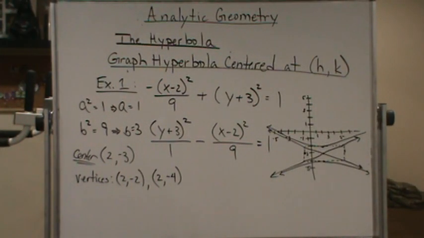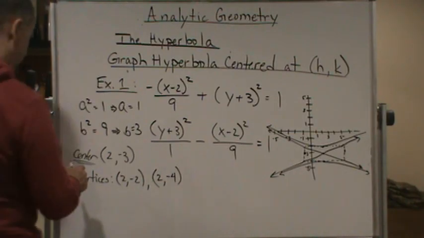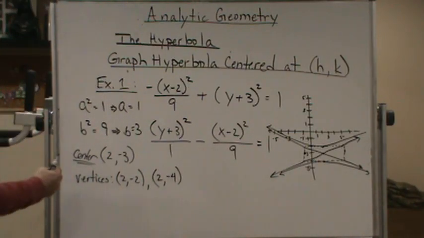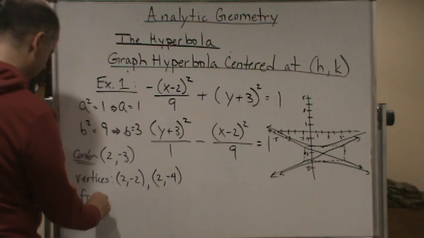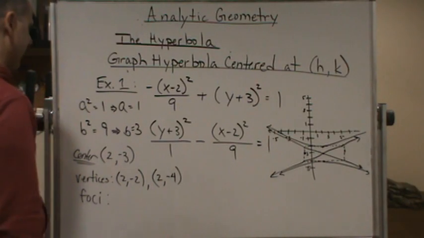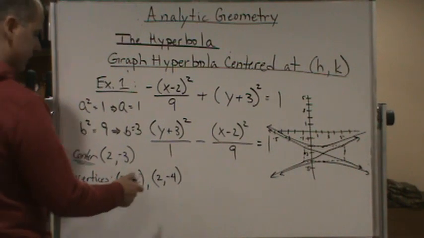Now, what if we want to know where the foci are located? Now remember, we don't graph the foci. But what if they ask you, like in this problem here, they ask you for the center, the vertices, the foci. So what are the foci? The foci are going to be based on what? C. Well, we need to figure out what C is.